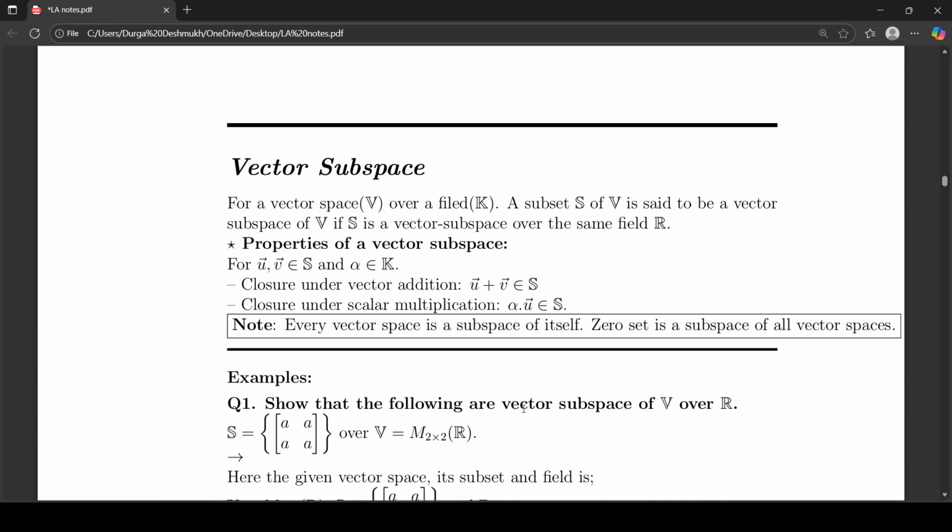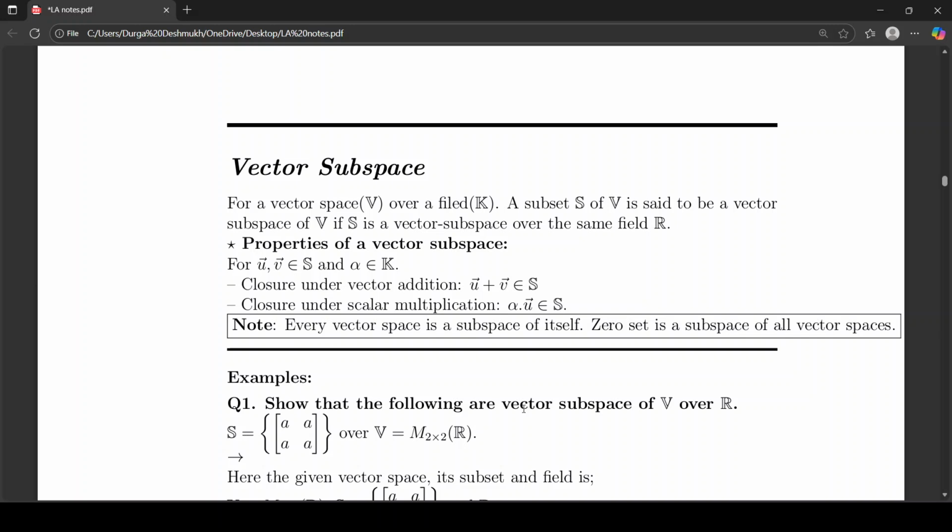Now, vector subspace. For any vector space V over a field K, a subset S of V is said to be a vector subspace if it is a vector space itself.